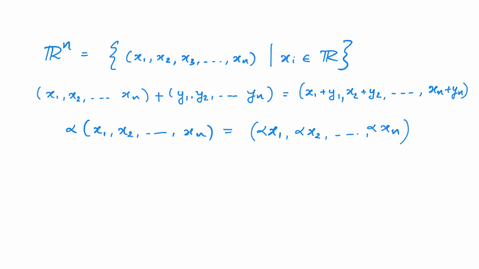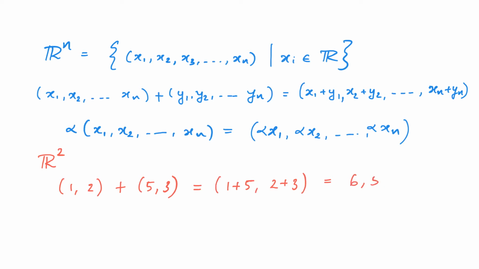Let us try to understand this better using an example. Of course, we will just do one example and you are encouraged to play with many more examples. So let us take n equal to 2, that is, let us look at the space R2 and let us consider two elements in this space R2, namely the elements 1, 2 and the element 5, 3. So how would you add these two elements? You add these to get 1 plus 5, 2 plus 3, which is equal to 6, 5.